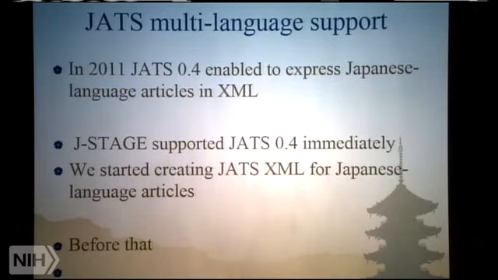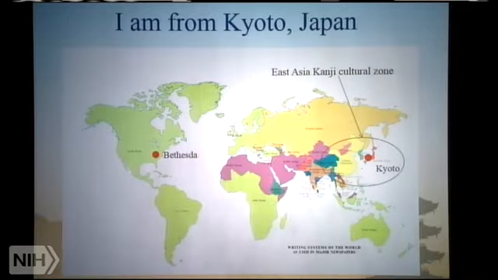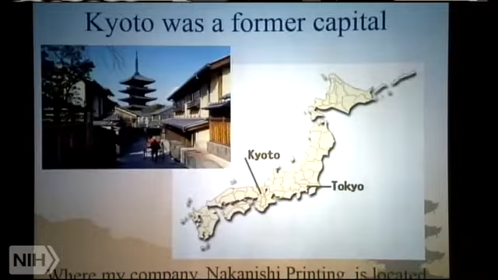We started creating JATS XML for Japanese language articles. Before that, I'm from Kyoto, Japan, located in the peripheral area of the kanji or Chinese character zone. Kyoto had been the capital city of Japan for more than 1,000 years, 794 to 1868.